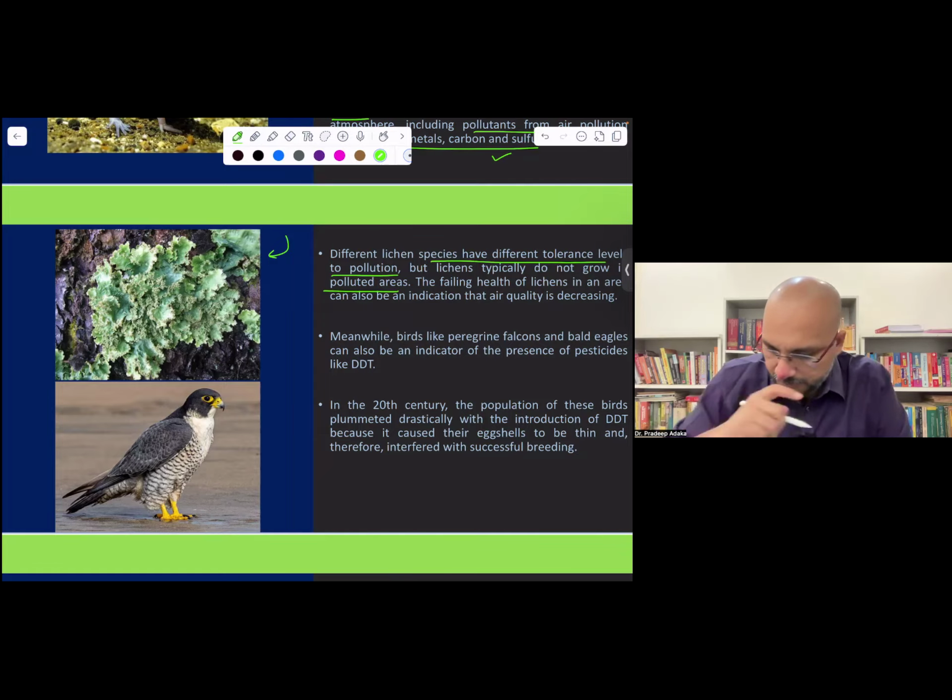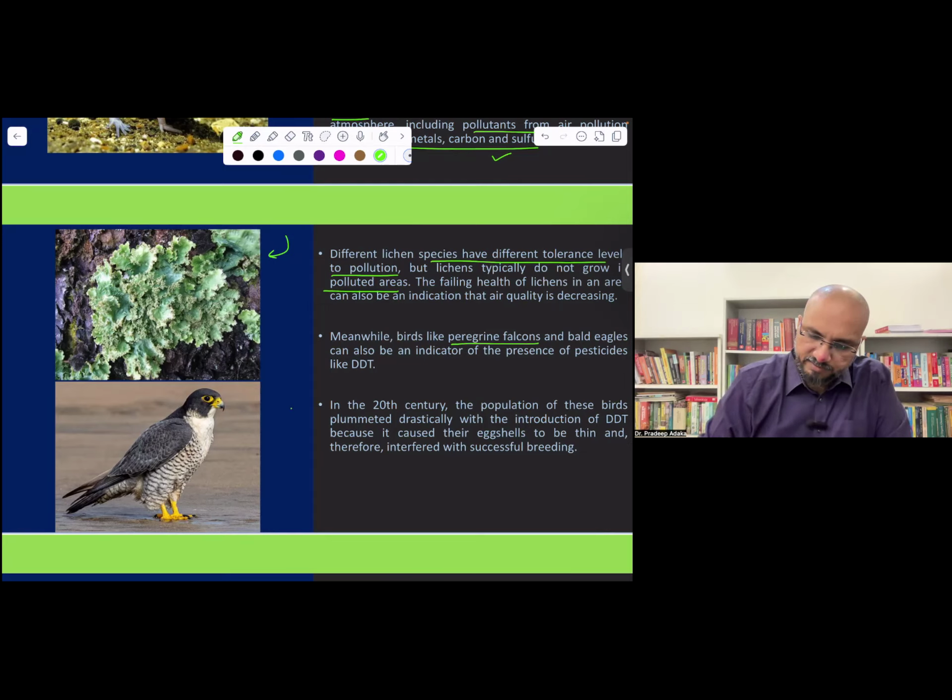Okay. Now, you have an example here. Another example of indicator species. So here peregrine falcons.